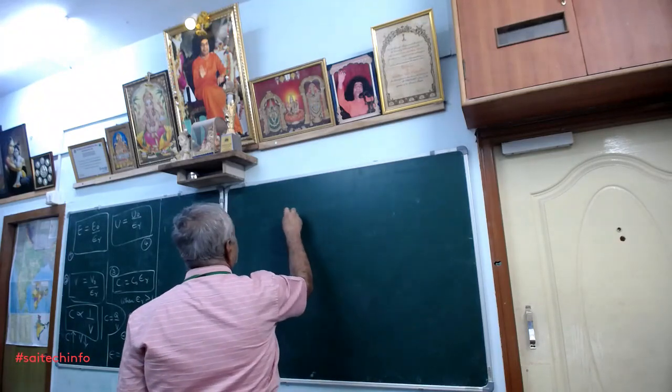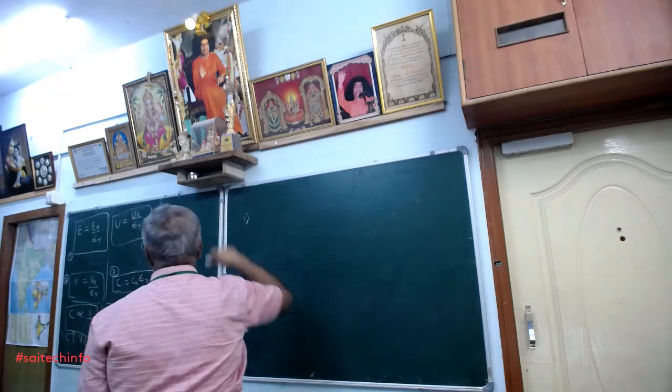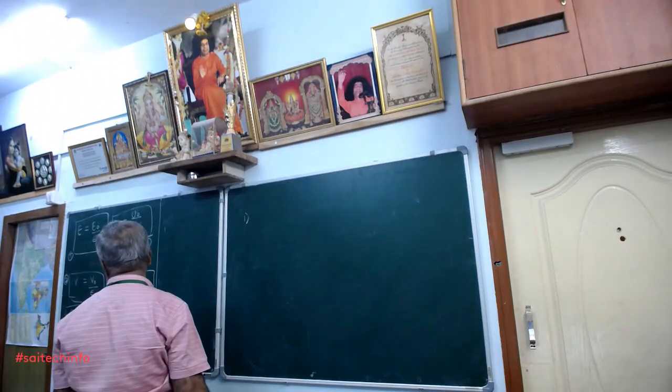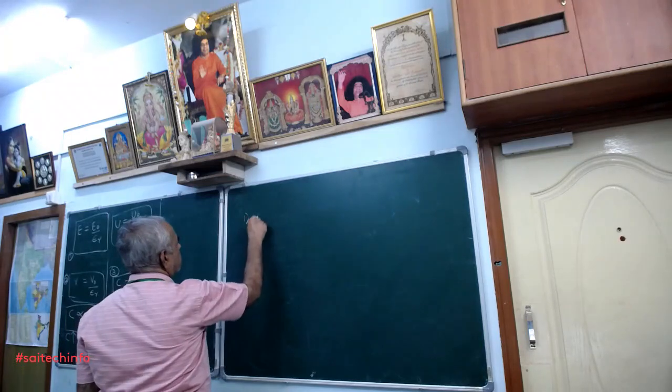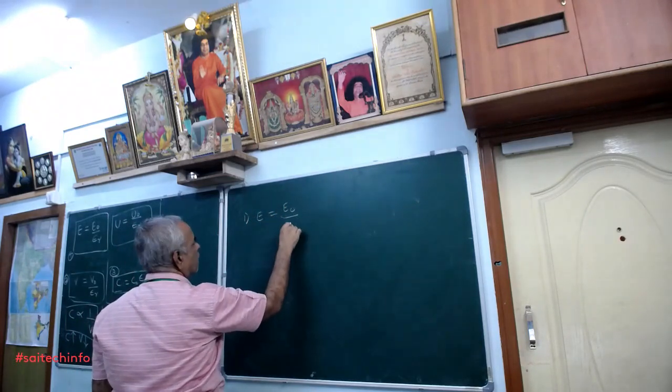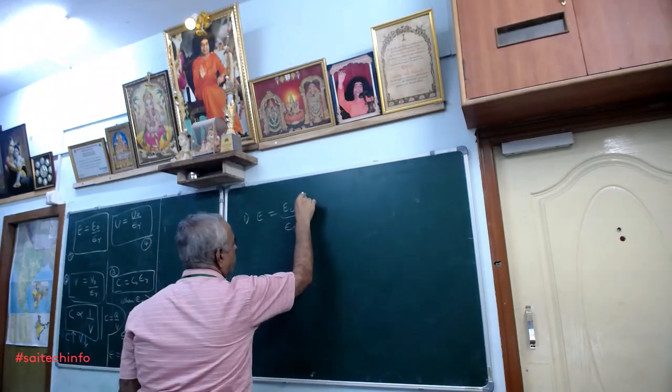The first one is by introducing epsilon R, that is relative permittivity: E is equal to E naught divided by epsilon R. So what does it imply?